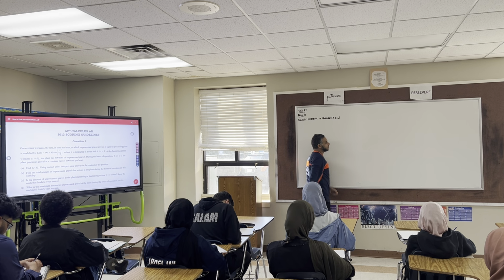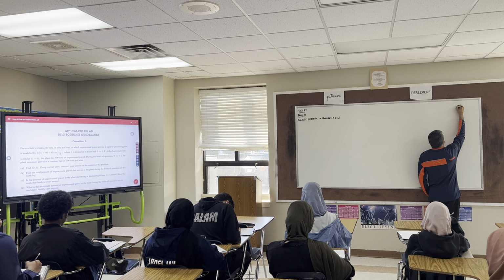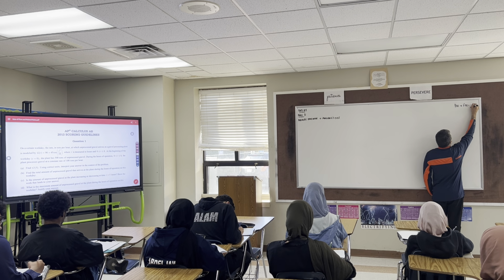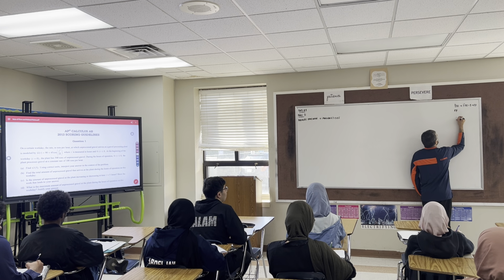So let me remind you really quickly about the candidates test. Basically what happens is you take a function, you take its derivative, you set the derivative equal to 0, you find the critical points, and you make a note of the endpoints. You make a table.